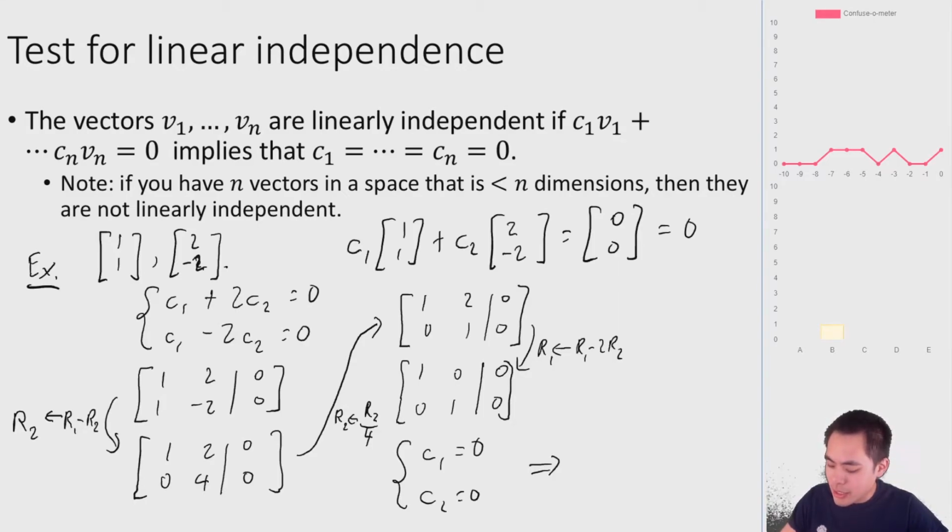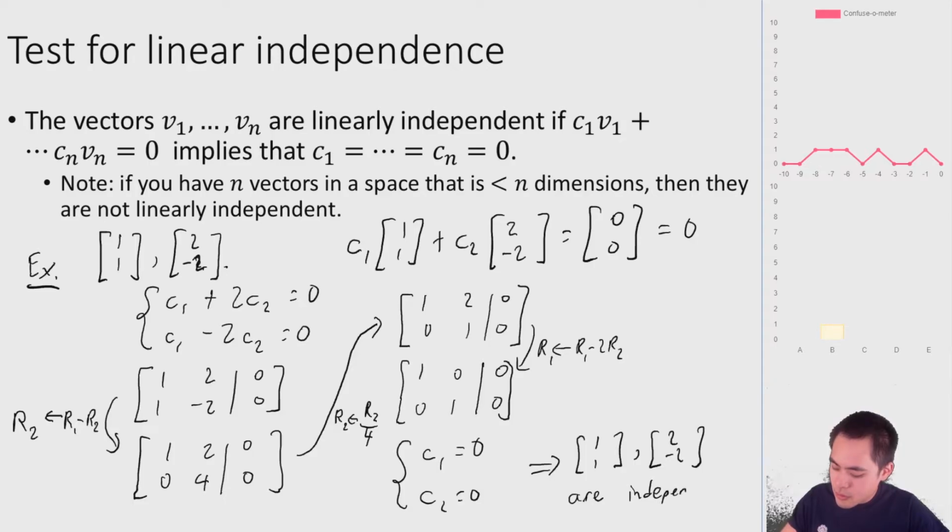So this implies that (1, 1) and (2, -2) are independent. Note that I solved this by using this augmented matrix. You could have also just directly solved the system of equations. Sometimes that's easier and sometimes that's harder. It just depends on how good you are with solving equations.